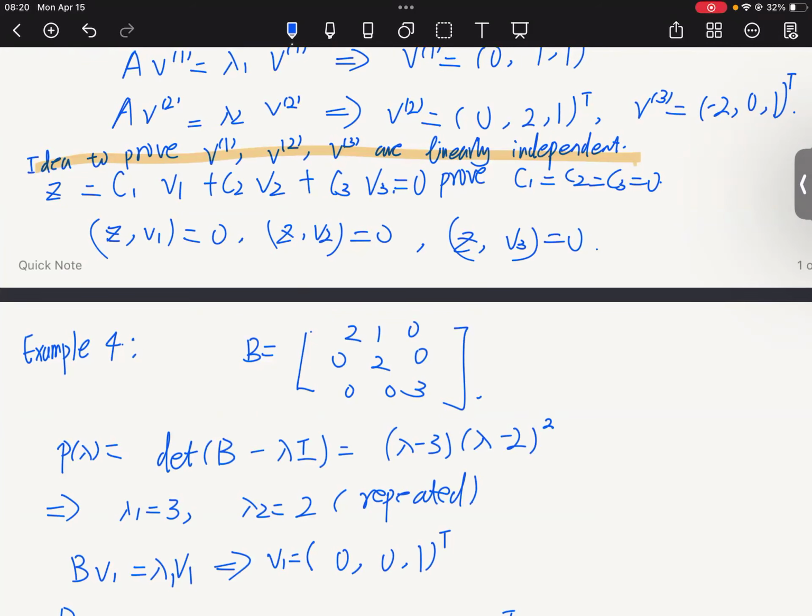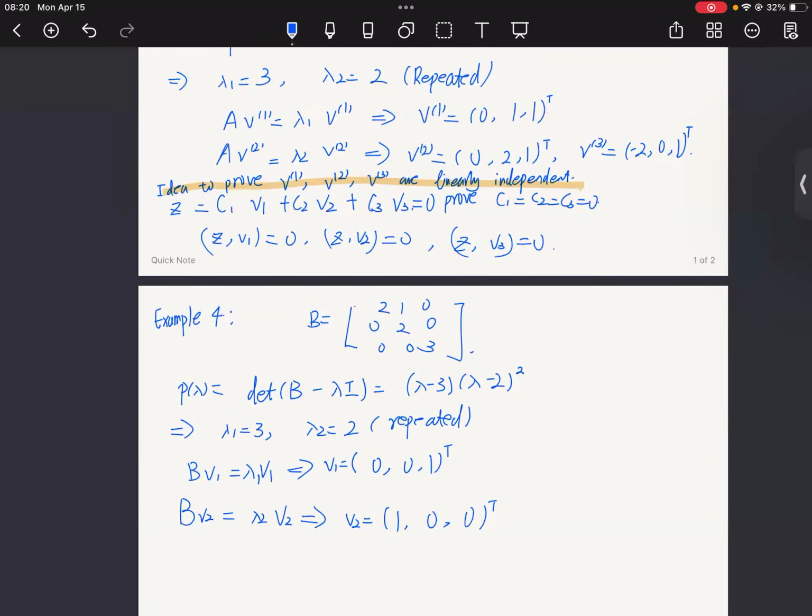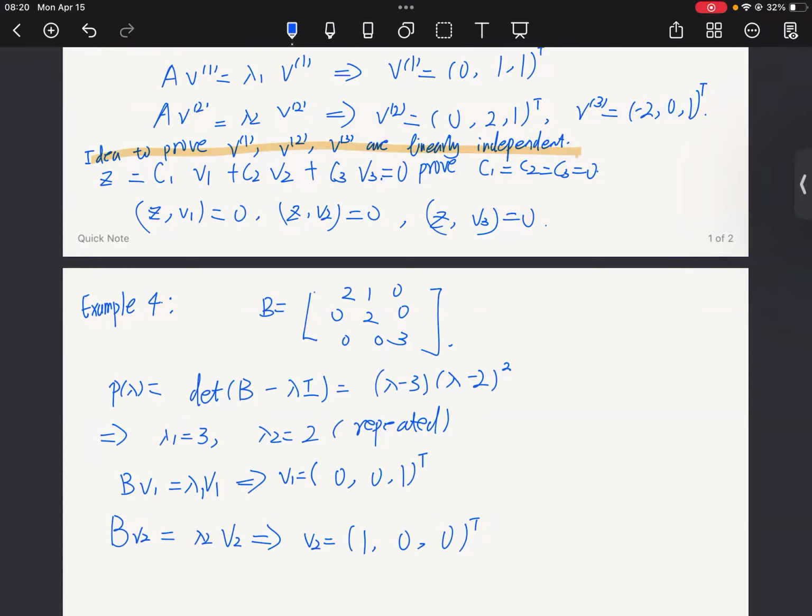And let's compare this to the previous example. In example 1, lambda 2 corresponds to eigenvectors in different directions, that is v2 and v3.